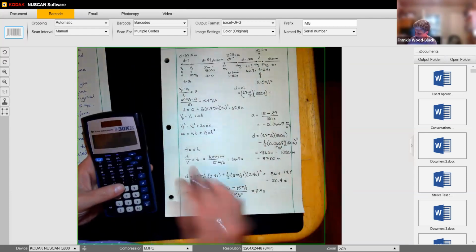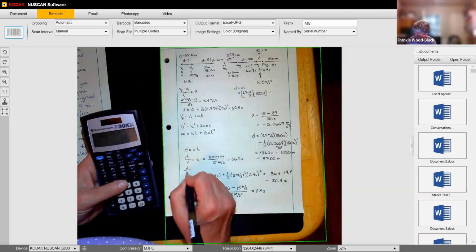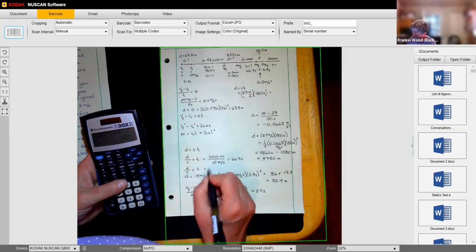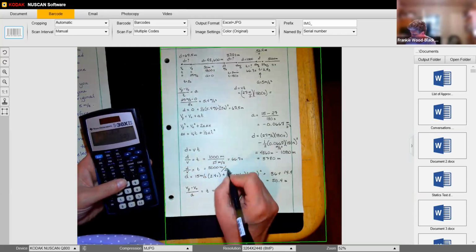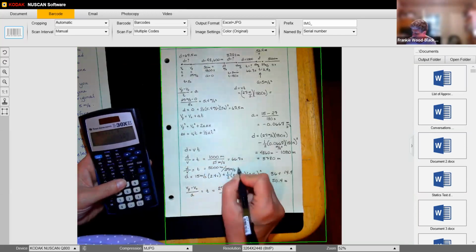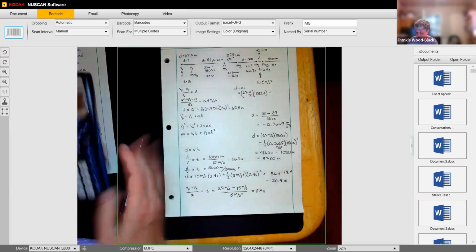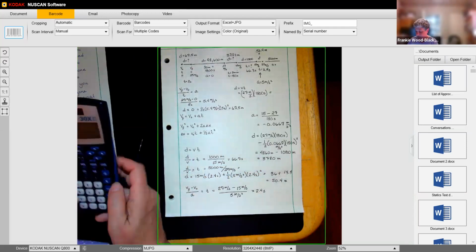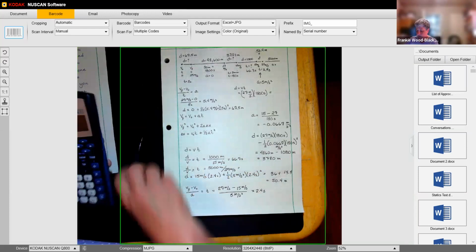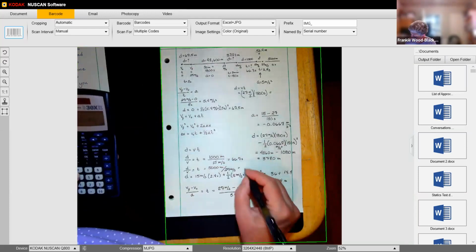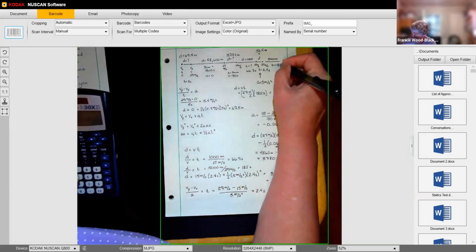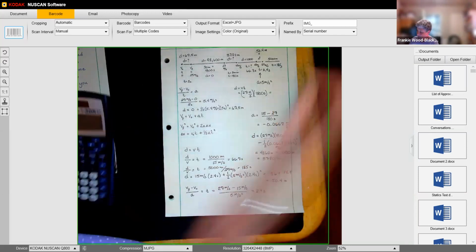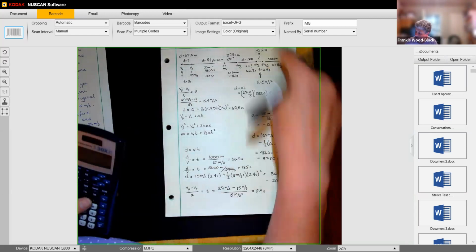And that comes back to this: distance divided by velocity is equal to time, except now we have 5,000 meters divided by 27 meters per second. Gives me 185 seconds. So we have our distance and our time.